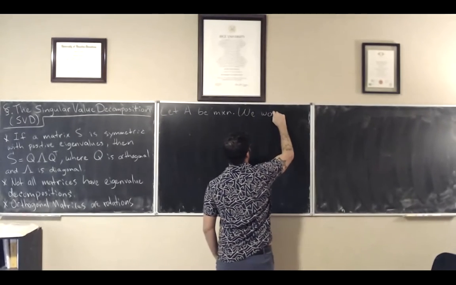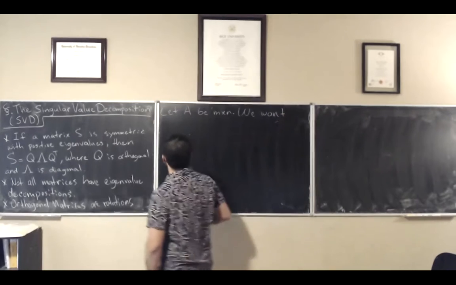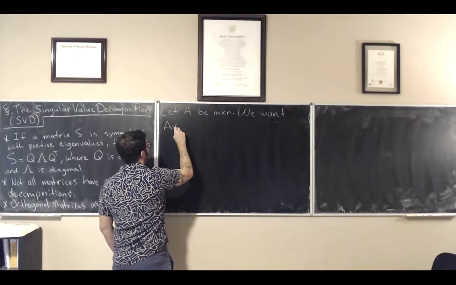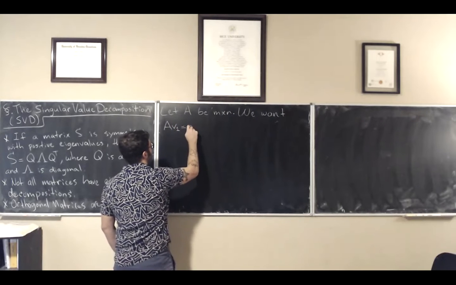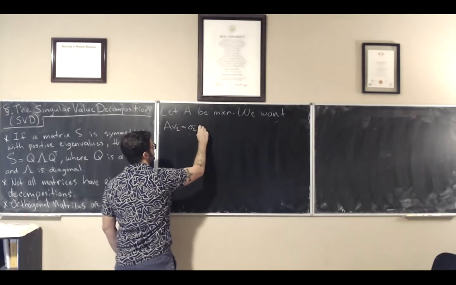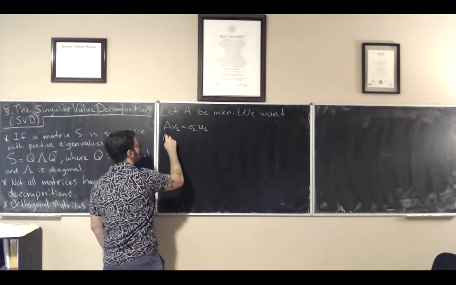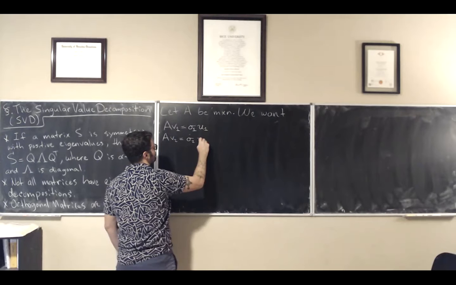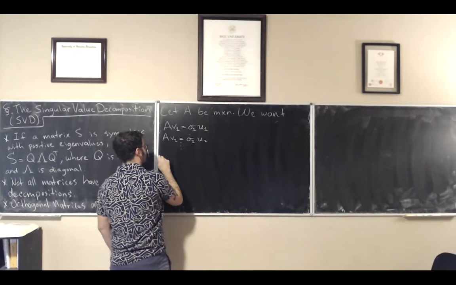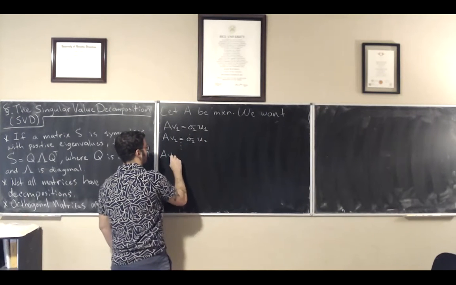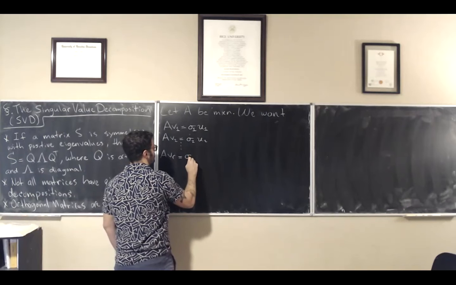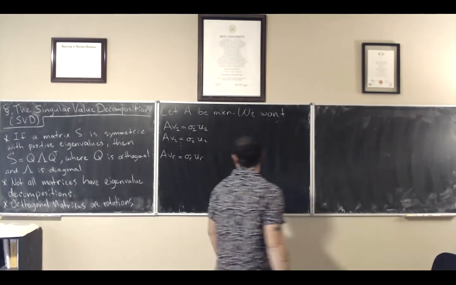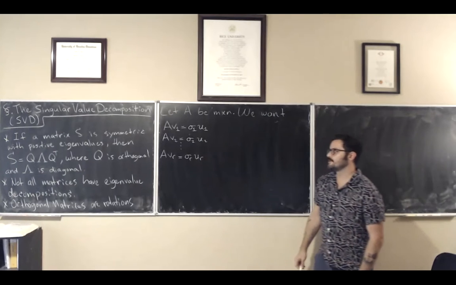We want A times V1 equal to sigma 1 times U1, A times V2 equal to sigma 2 times U2, dot dot dot, A times VR equal to sigma R times UR, where R is the rank of the matrix A.